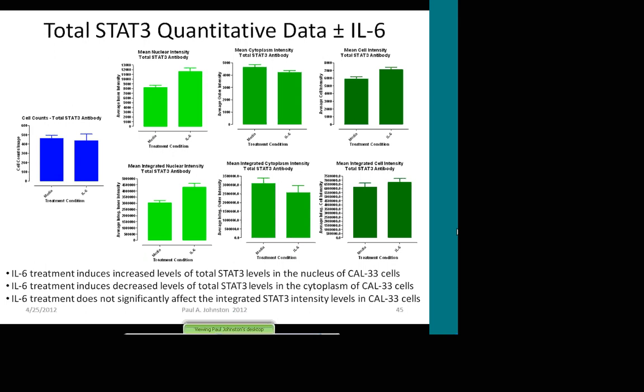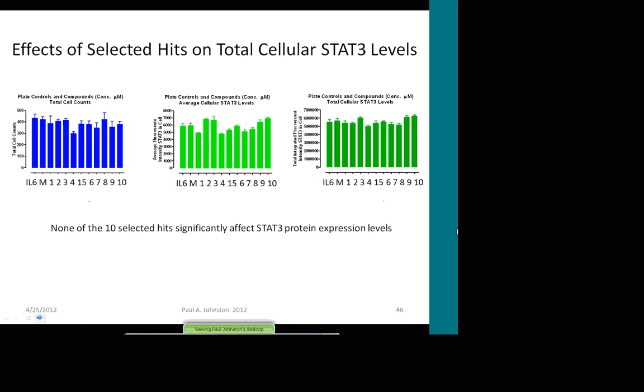You get cell counts, and then you get mean nuclear intensity, mean cytoplasmic intensity, mean total cell intensity, mean integrated nuclear intensity, integrated cytoplasm intensity, and integrated cell intensity. IL-6 treatment induces increased levels of total STAT3 in the nucleus and a decrease in the cytoplasm. So it can significantly affect the integrated total STAT3 in the whole cell.